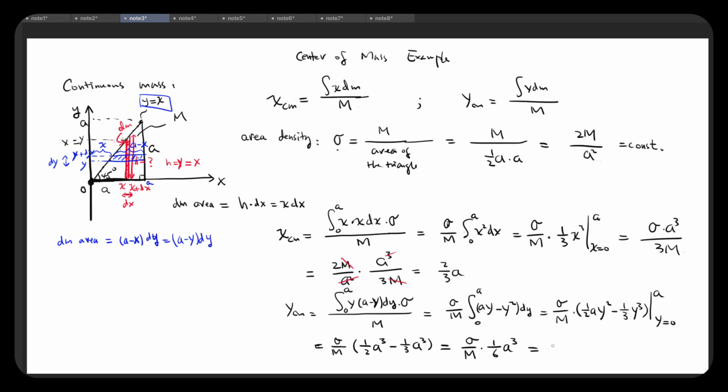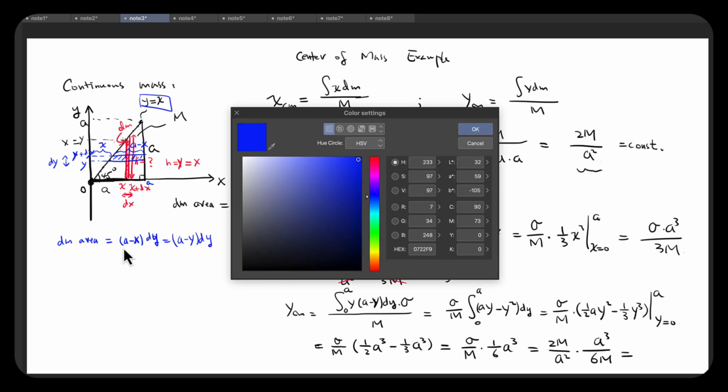Okay, so now let me again plug in sigma's expression from here: 2m over a squared. Now we have a cubed over 6m equals, let's do some cancellations.